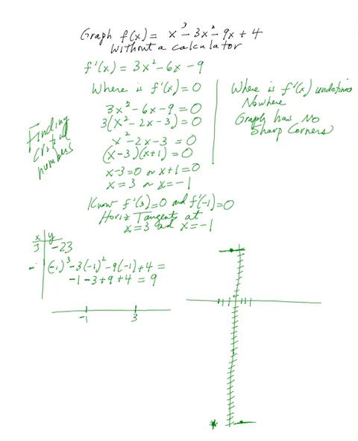And you'll notice that those two numbers divide the number line into 3 intervals. The intervals are negative infinity to negative 1, this interval right here, and negative 1 to 3.